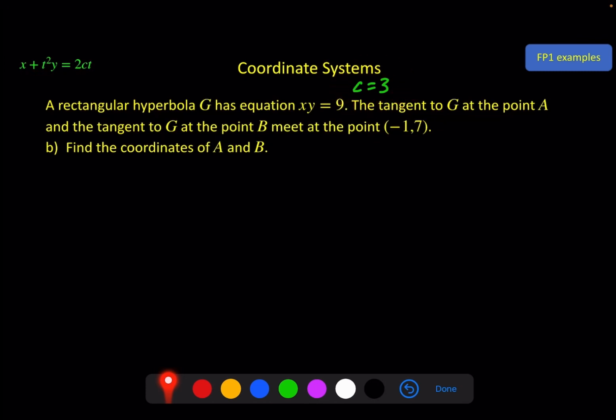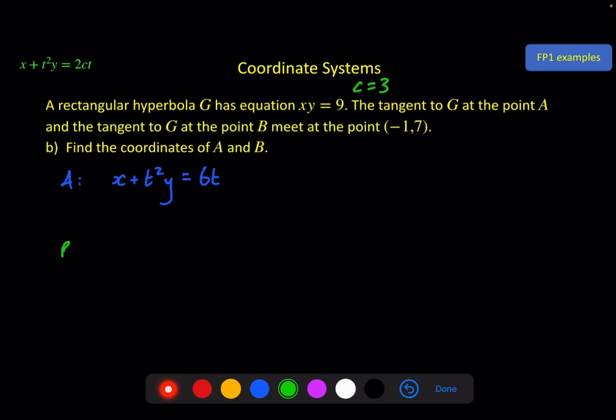So how are we going to solve this? Well, let me write out the things that I know. At point A, we have a tangent x plus t squared y is equal to 2 times c times t, and we know c is 3, so we've got 6t.